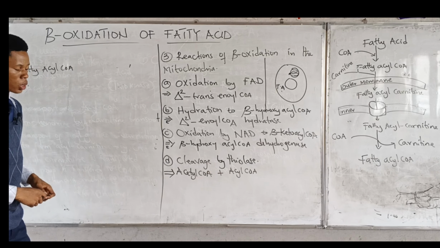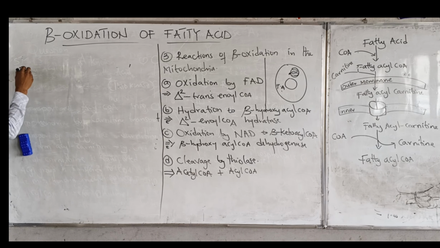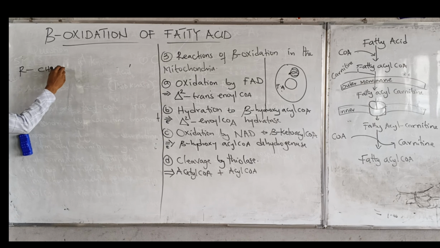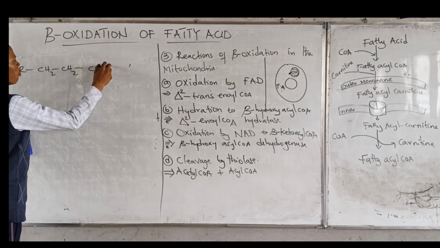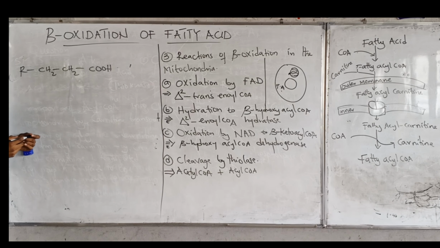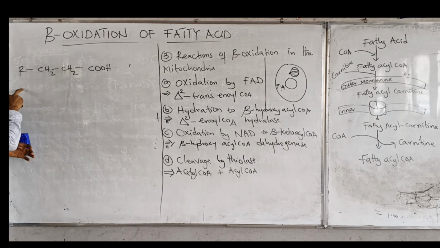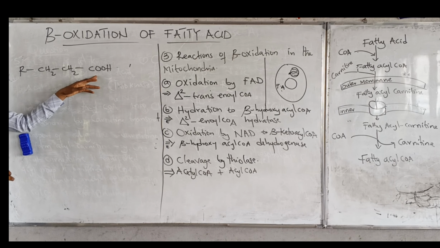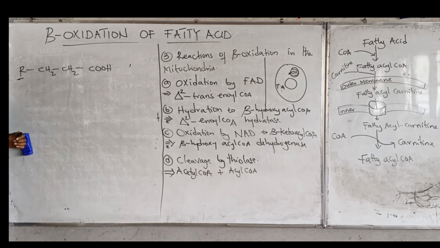Let me explain what that means. If we have fatty acid-CoA, let me draw the structure. In our previous class, we learned fatty acid in detail. Now if you look at this structure of fatty acid, if this arrow represents the alkyl chain, I don't want to complete the alkyl chain.